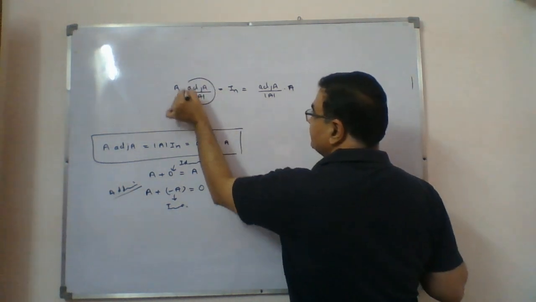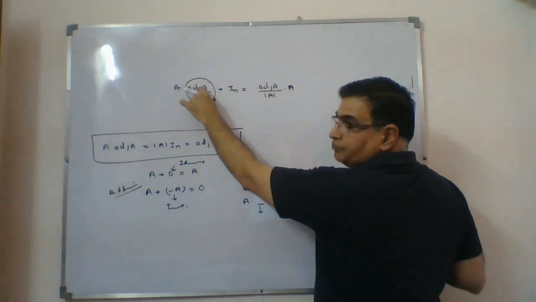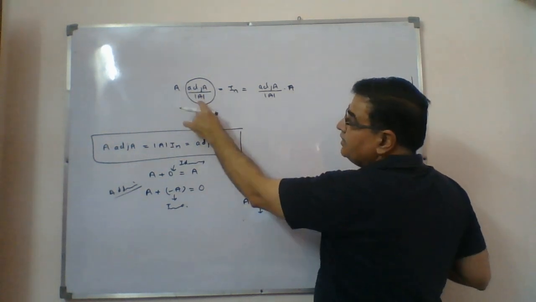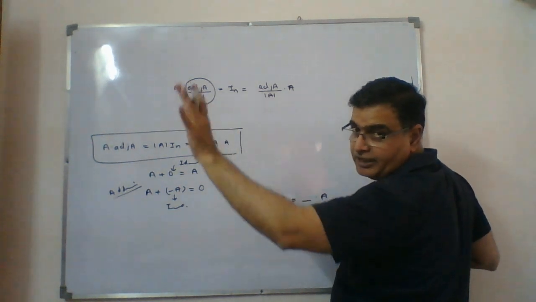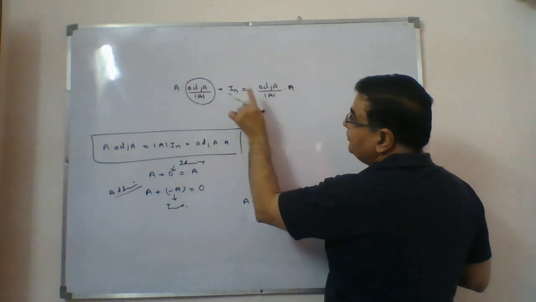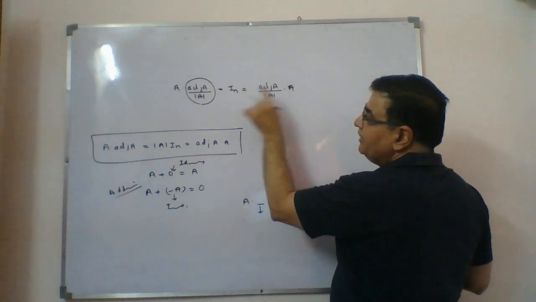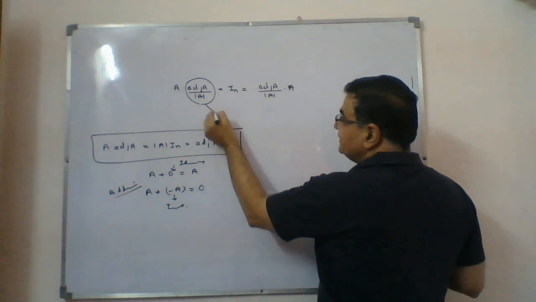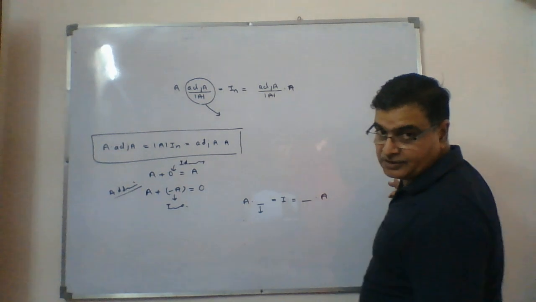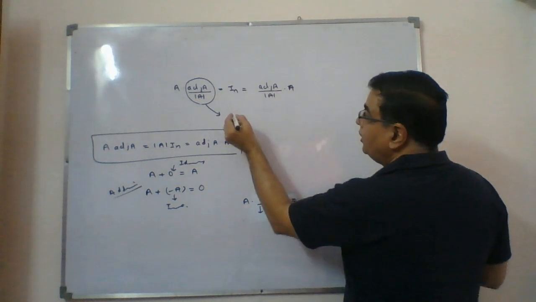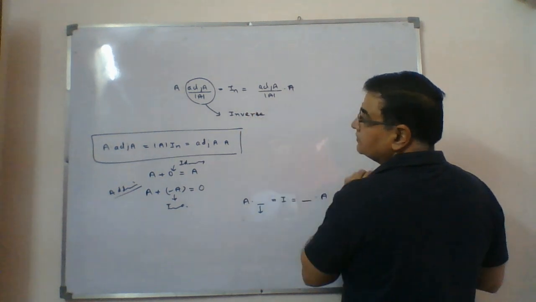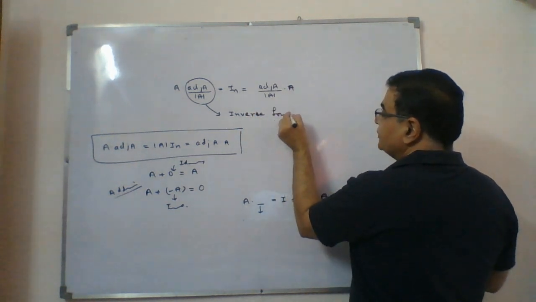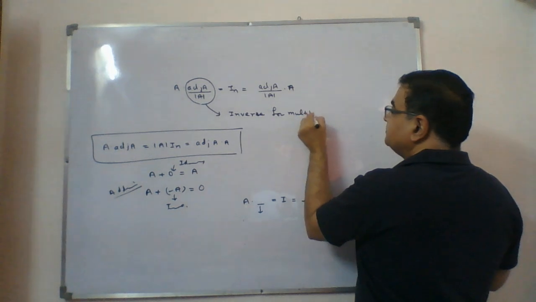This is a matrix, because the cofactor matrix transpose is divided by a scalar, which divides each and every element. So this will be another matrix. Then this matrix multiplied with A gives the identity. Then this matrix which you have will be called the inverse for multiplication.